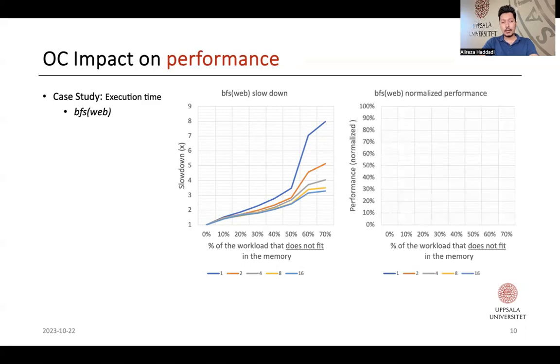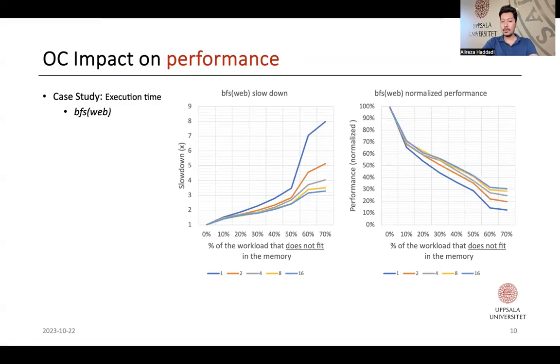We can interpret our results in a different way. So in this graph, we are going to see performance if some of the workload does not fit into the main memory. For example, for BFS Web, if 70% of the workload does not fit into the main memory, we can get a performance drop of 88%.